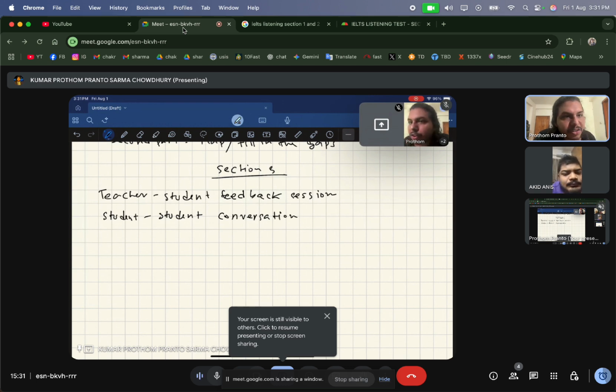Since the majority of the candidates who take the IELTS exam are pursuing to go to a different country, taking the test for an academic purpose, that's why they put some academic related thing in section 3.